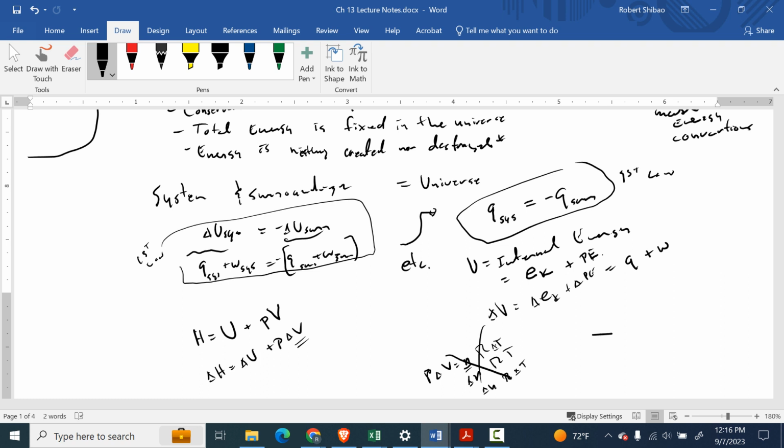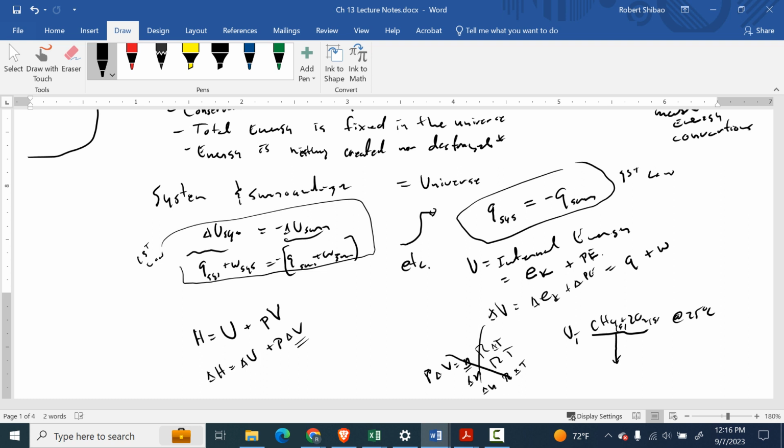Let's say we're looking at the change in internal energy of something like this, where we have U initial. U initial is going to be methane plus 2 oxygens, gas. And then let's keep the temperature at 25 degrees C. Although when we combust this, it's going to get very hot.